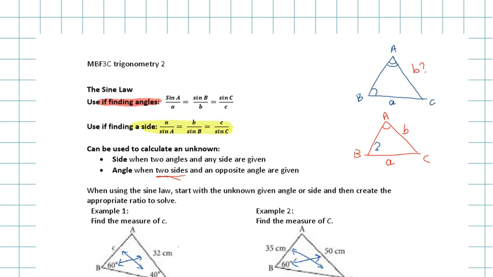So I know an angle and its opposite side, I know the other side, and I'm looking for the opposite angle. For sine law to work, you must have an angle and its opposite side, or otherwise it won't work. So let's look at an example because it will make more sense.